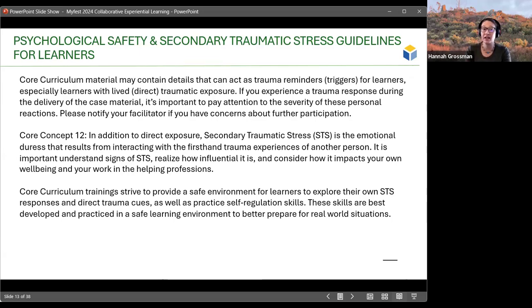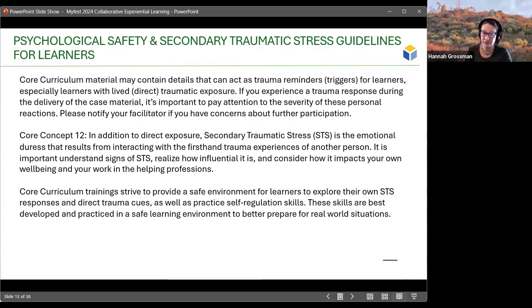Core curriculum material may contain details that can act as trauma reminders, triggers for learners, especially learners with lived direct traumatic exposure. If you experience a trauma response during the delivery of case material, it's important to pay attention to the severity of these personal reactions. Please notify your facilitator if you have concerns about further participation.